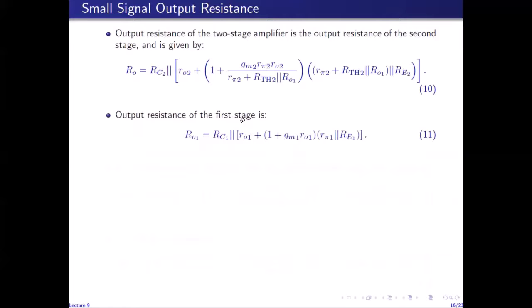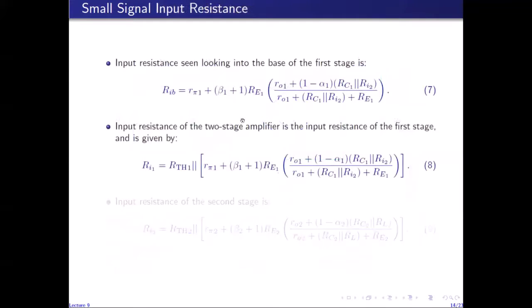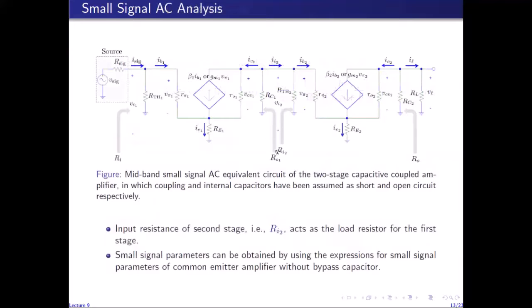Output resistance of the first stage is given by the same expression as before, because now I want to find the resistance seen looking into this side. So I disconnect this circuit, I short circuit Vi, and I'm left with a circuit which I have solved before. It is the same circuit I used to solve for the output resistance of common emitter amplifier without bypass capacitance.